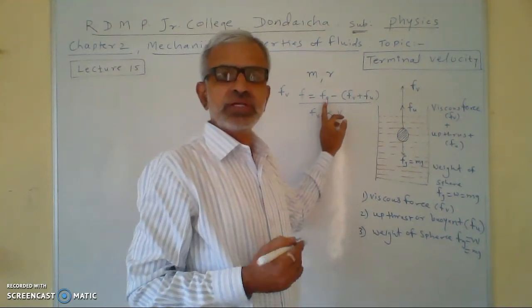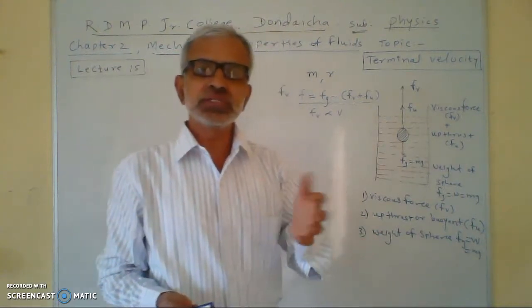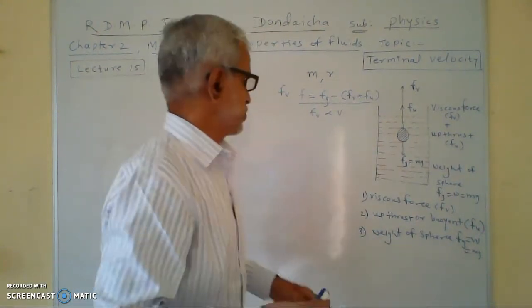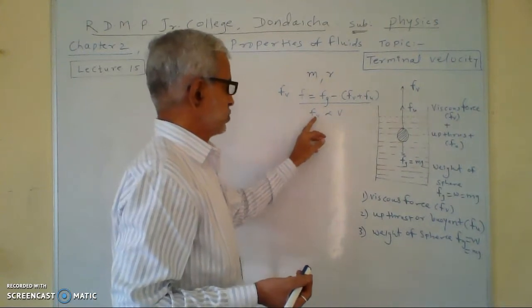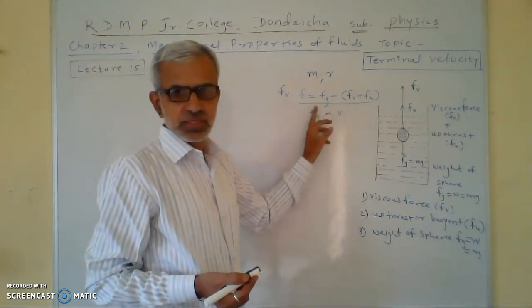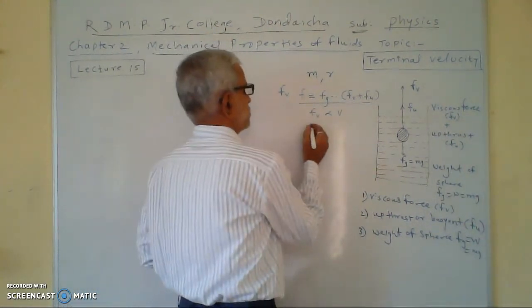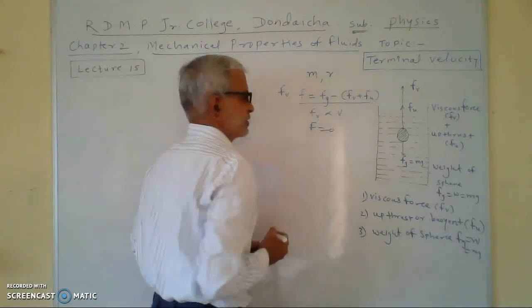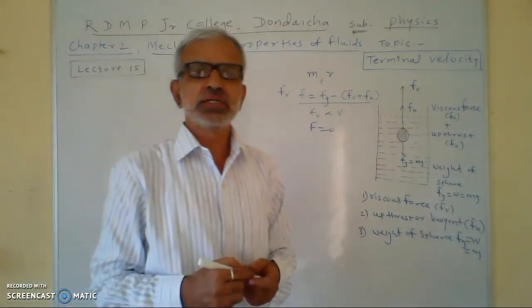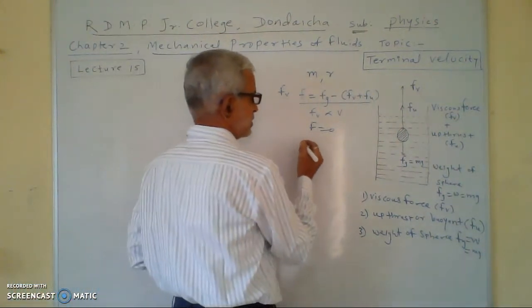The force due to gravity, the weight, is constant, and Fu, the thrust, is also constant. So as velocity increases, the viscous force increases. At a certain stage, the net downward force acting will be 0.